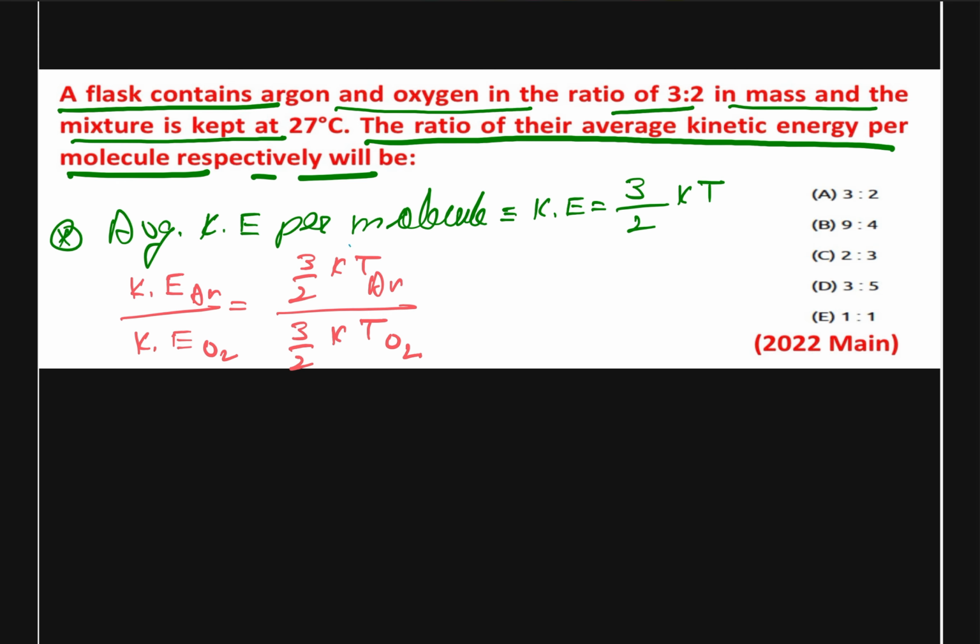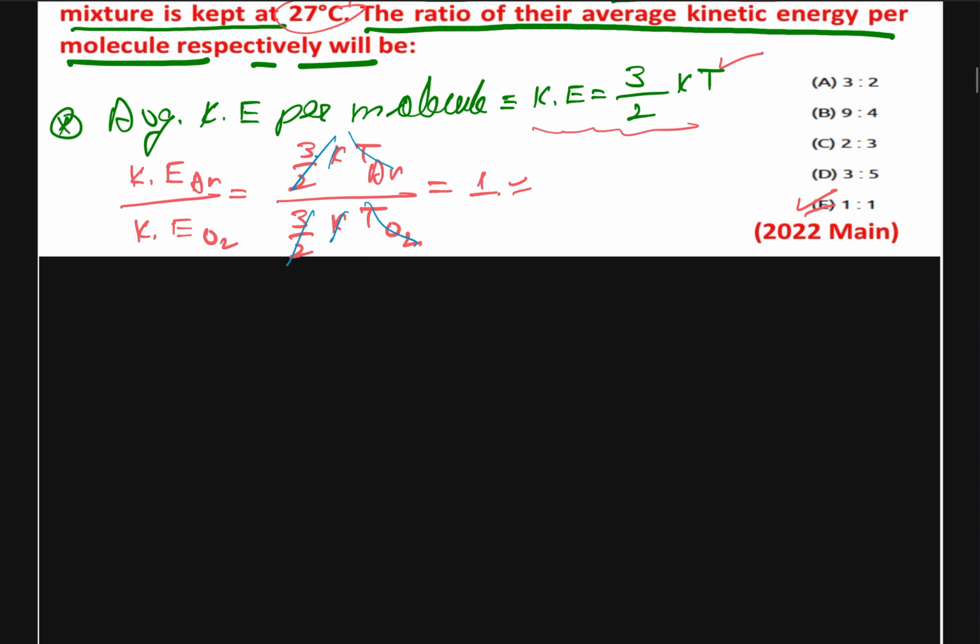So the temperature of argon equals the temperature of oxygen, and 3/2 k also cancels out. This comes as 1. From here we can see that kinetic energy is independent of their masses, which are given as 3:2. It is only dependent upon the temperature, which in both cases is 27 degrees centigrade. Therefore, the ratio will always be 1:1. So option E is correct.